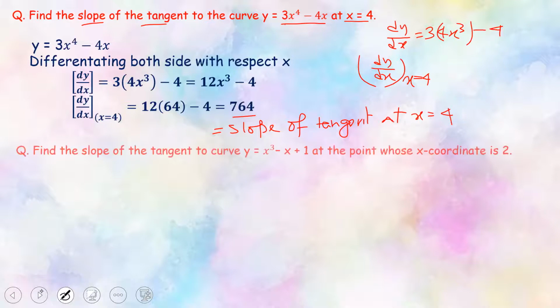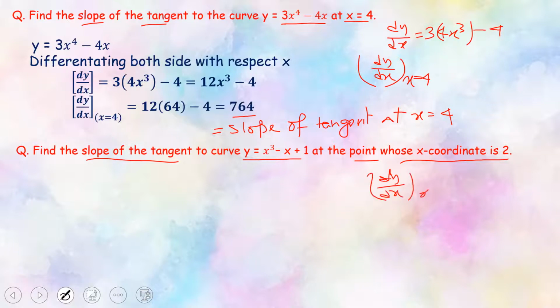Check the next problem. Here the curve is given, y is equal to x cube minus x plus 1. You need to find the slope of the tangent for the point whose x coordinate is 2. That means you need to find the slope, that is dy/dx, for x is equal to 2. Now what is dy/dx?